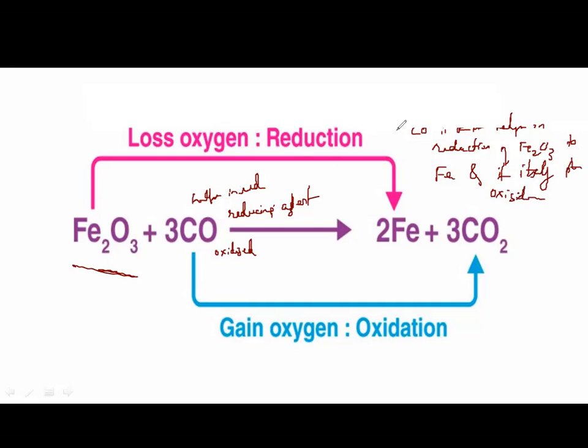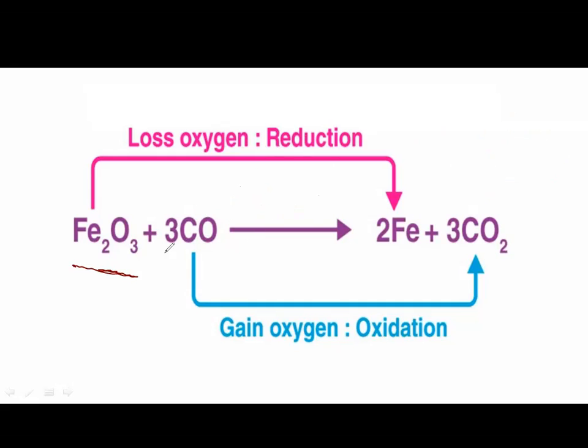On the other hand, if I speak about oxidation of CO, CO is gaining oxygen and getting oxidized. So CO is becoming CO2, it is oxidation. Who is helping in oxidation? This carbon monoxide is getting oxygen from Fe2O3. Therefore, Fe2O3 is the oxidizing agent because it is helping in oxidation.